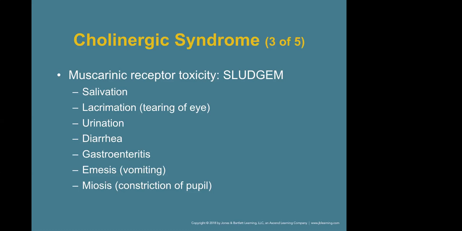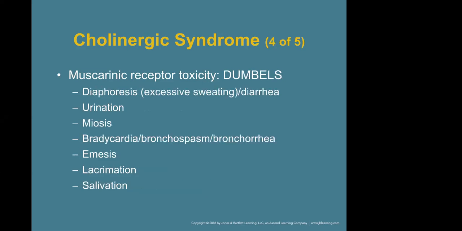There will not be a dry spot on this person, and it will not stop despite large doses of fluids and everything else. These patients are just going to lose every bit of fluid that they possibly have within their bodies. And then, of course, you have the muscarinic toxicity, which is the diaphoresis, the sweating, the diarrhea, the urination, the miosis in the eyes.